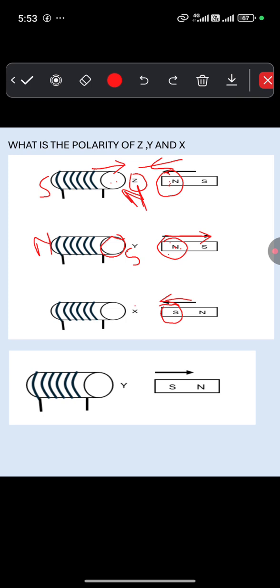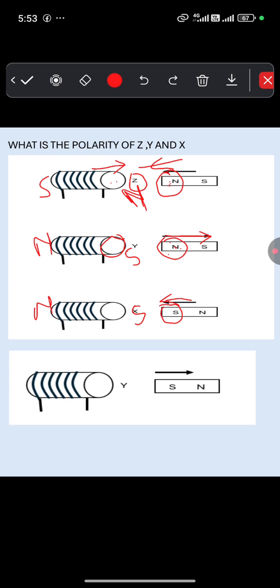So it will create a pole that will be the same as it. So that will be the south pole, so that it's repelling it. When it is coming it wants it to go out. So it creates a pole that will repel it. So it becomes a south pole. X becomes the south pole. And then at the back is north pole.